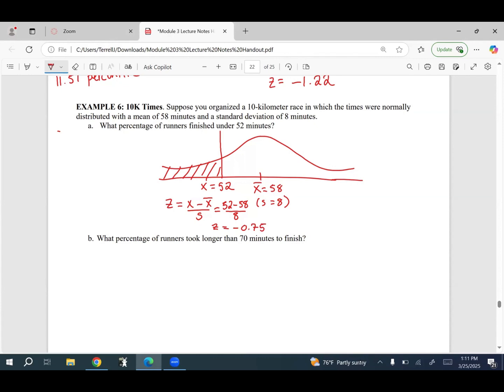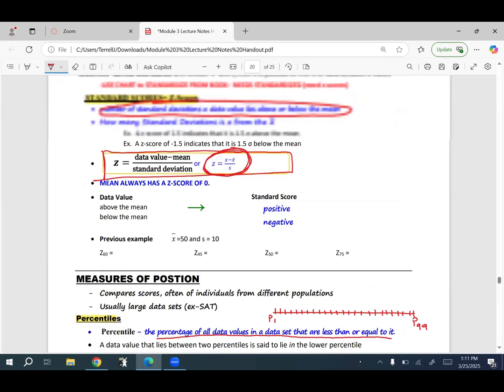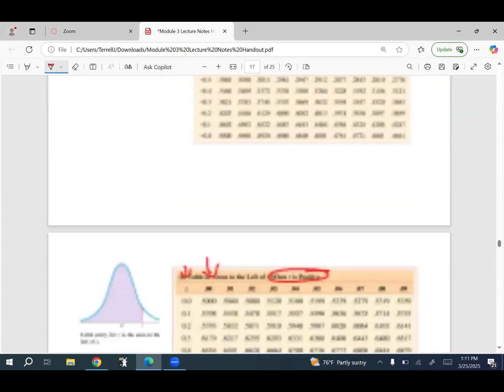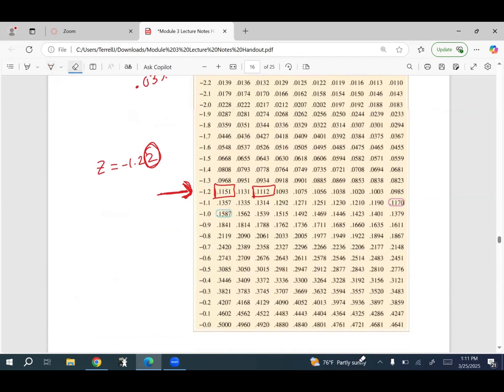Now, how will I get this shaded piece? I'm going to look at my z-table, but I'm going to look at the negative z-table because my z-score is negative. That's what determines which table you look at. So if we look at our negative z-table, I want negative 0.75.